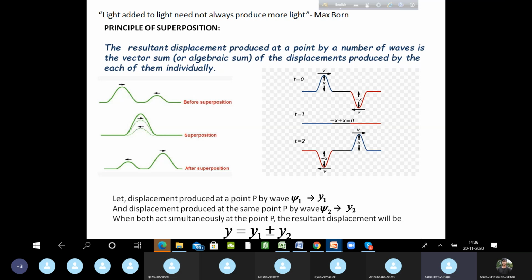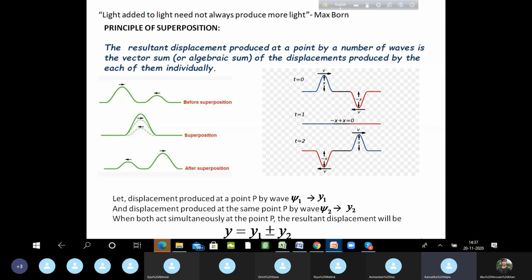Okay. So if you have the displacement at a position due to a wave as y1 and another due to another wave as y2, then if these two waves superpose at the point of superposition, the resultant displacement will be y1 plus minus y2. So it will be either addition, sum, or difference.